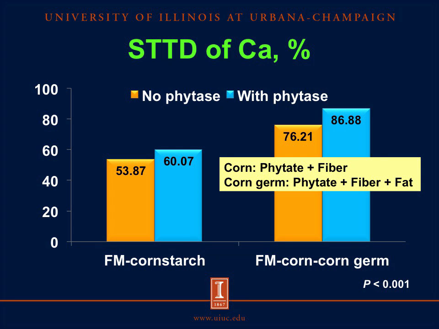We know that corn and corn germ have phytate, but it's not possible that phytate is the responsible factor for this increase. Therefore, there may be other factors such as fiber or fat that may influence the standardized total tract digestibility of calcium in this diet.